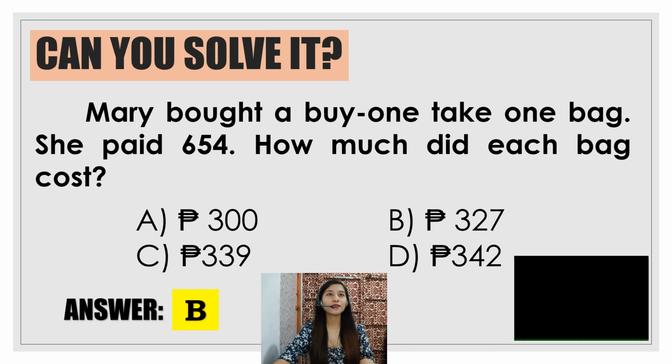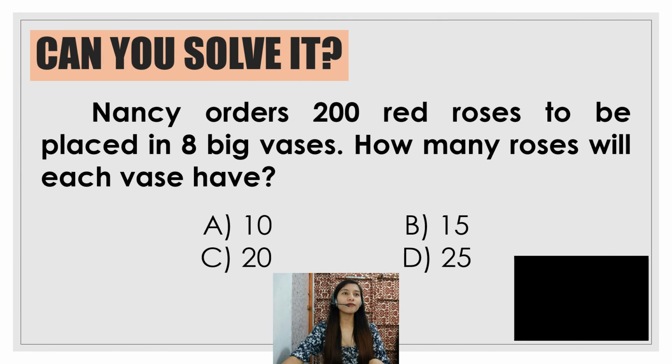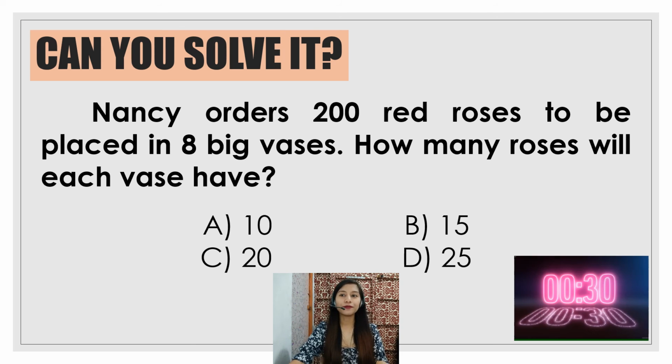So next. Nancy orders 200 red roses to be placed in 8 big vases. So how many roses will each vase have? You have 30 seconds. Go. T minus 30 seconds. T minus 20 seconds.